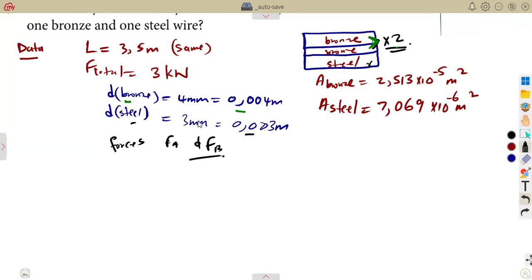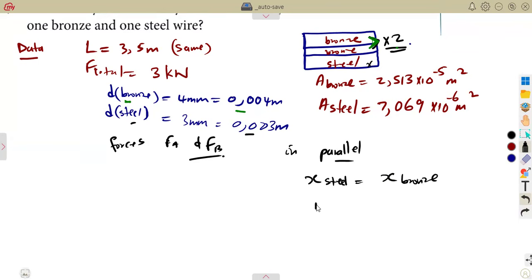We saw in the previous case that they were taken from the extension in parallel. The extension is the same in parallel. X for A and B is the same. So the extension that we have for steel is the same as the extension that we have for the bronze, the change in length.